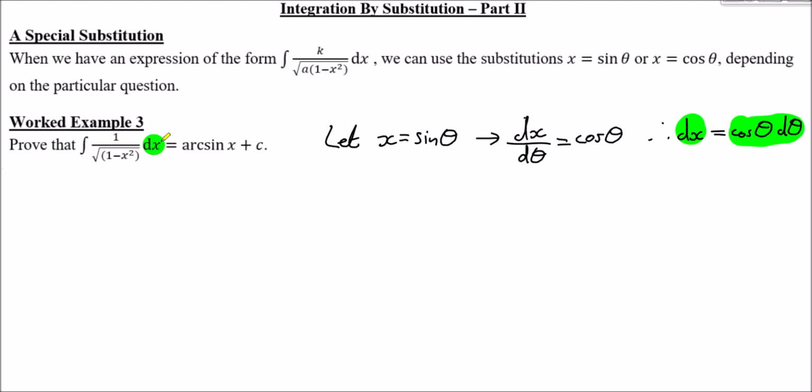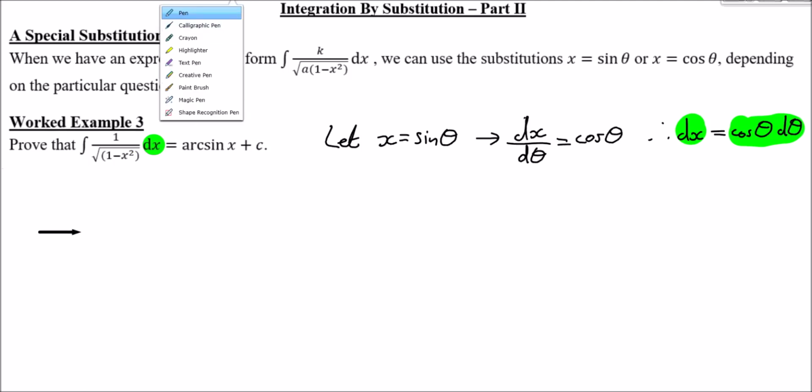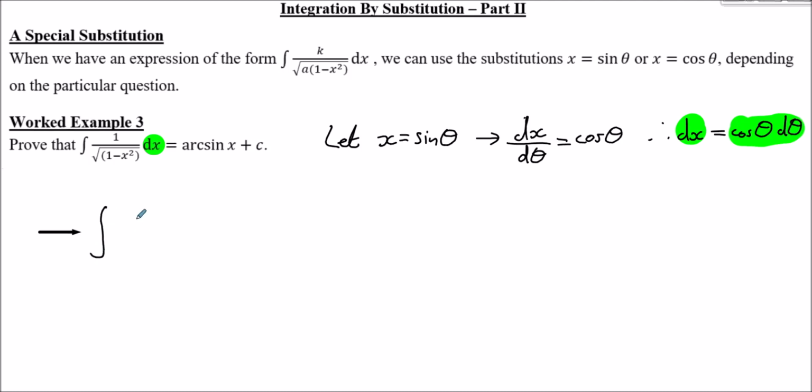So let's just pop this in. So this integral, we can transform now. What we're going to have, it's going to become integral of 1 over root of 1 minus x squared. But of course, we said let x be sine theta as our substitution. So this is going to become 1 minus sine theta all squared, which of course is sine squared theta, is what we write.